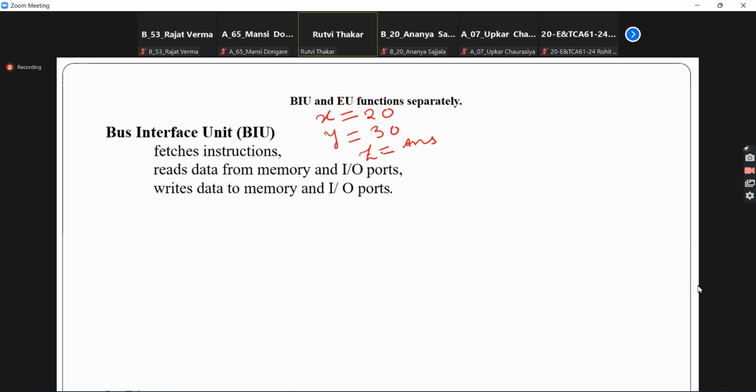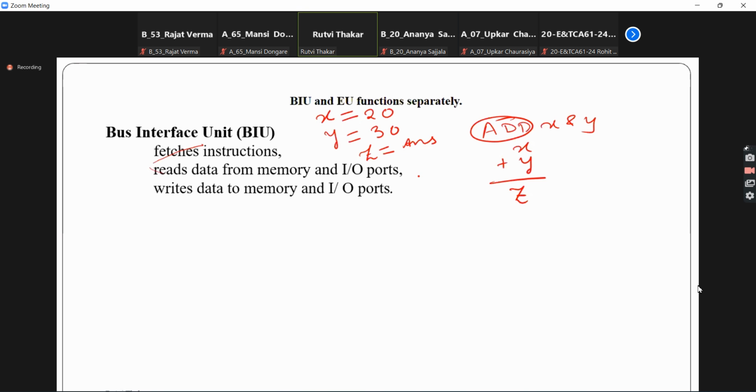What is my instruction? What do I have to do? I have to add x and y. So simple, it is x plus y, and the answer is to be given in z. This add instruction will be given to the BIU. It will check what instruction it is: is it add or is it subtraction?